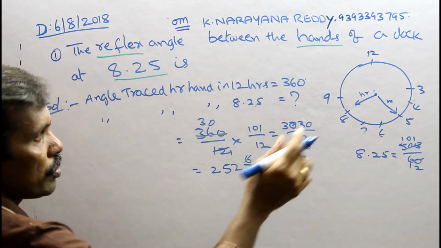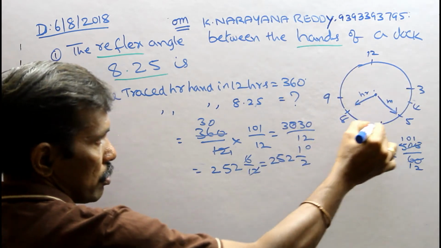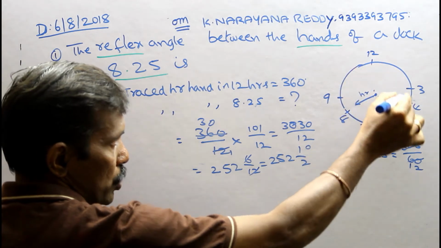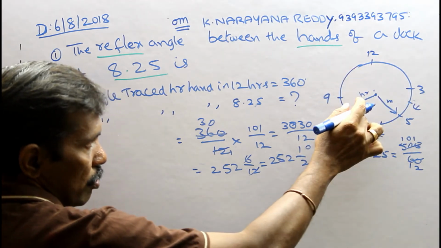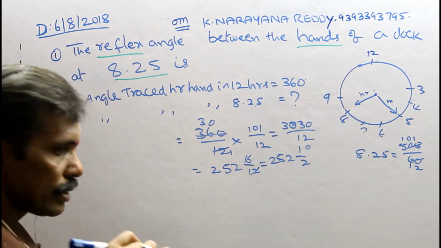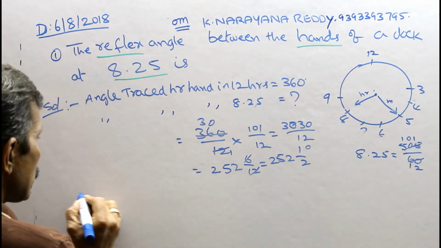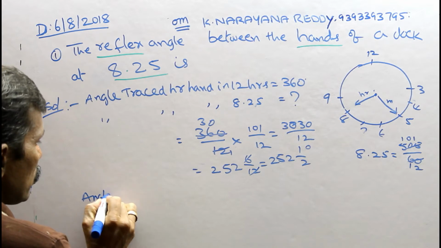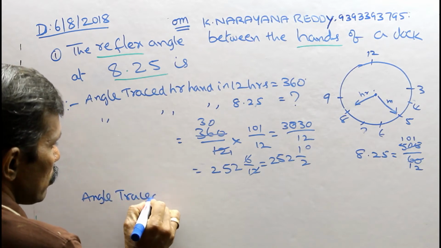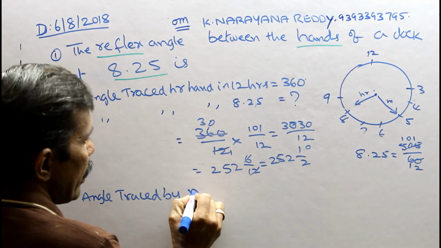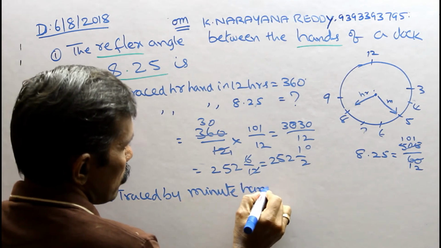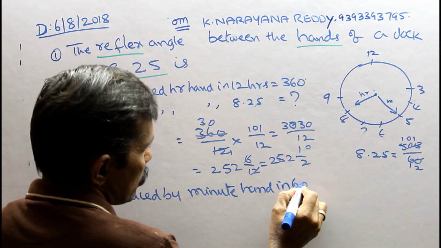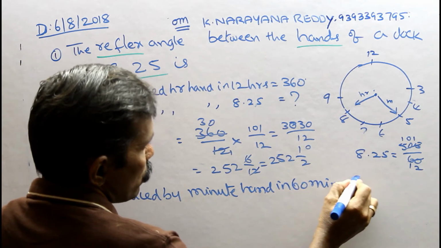Okay. So the angle comes from 12, from this space to here. Not this, this is the space. Now, in the same manner, the angle traced by the minute hand in 60 minutes equals 360 degrees.